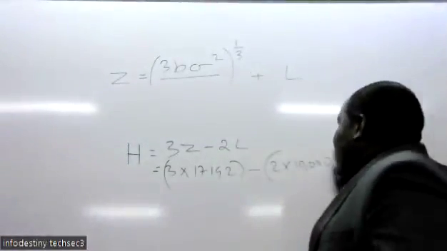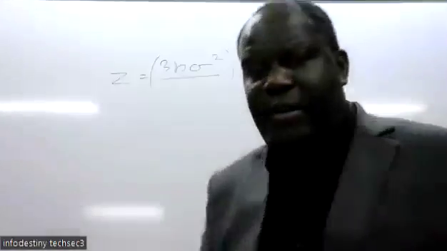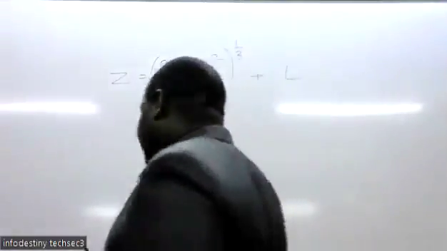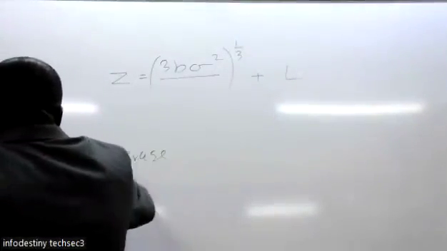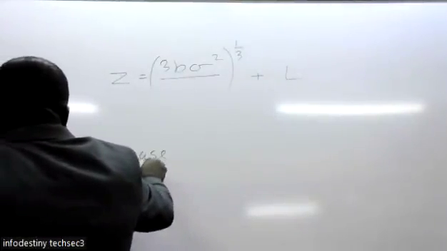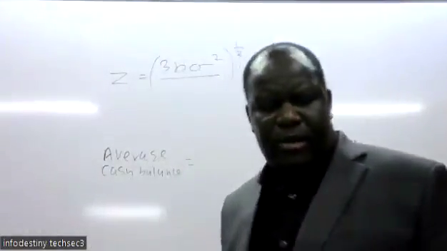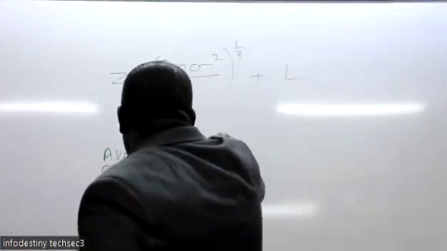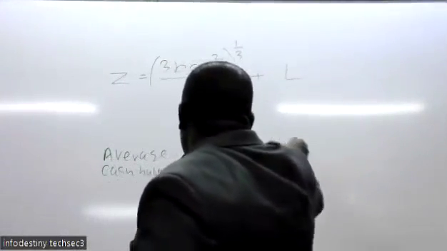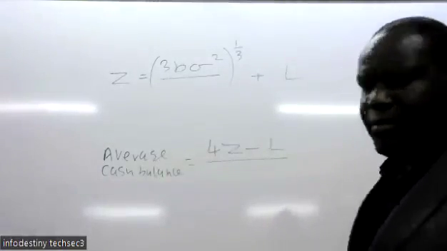To compute the average cash balance, it is given by 4Z minus L, then you divide by 3.